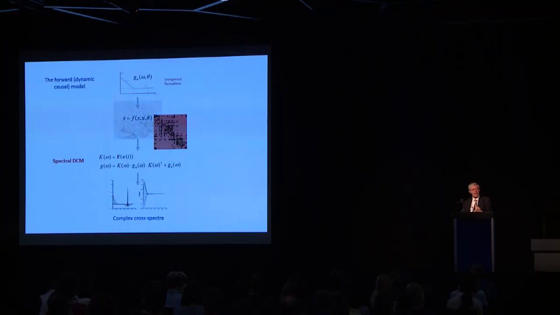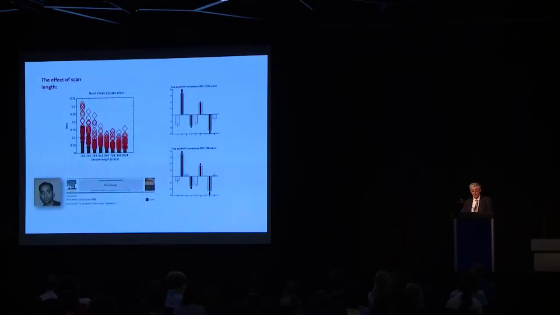So if we know the power laws or the spectral form of endogenous fluctuations, then we can work out what we would have seen if we had this particular adjacency matrix or effective connectivity in play, and therefore we have a forward model, and therefore we can invert it in principle and optimize the parameters of that model. And Adil Razi here has used this to great effect in doing simulations, looking at the efficiency of resting state fMRI and identifying effective connectivity using that approach.